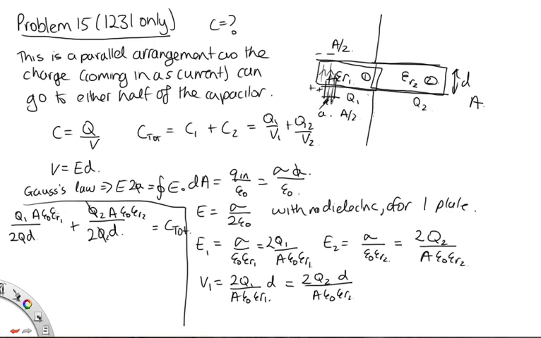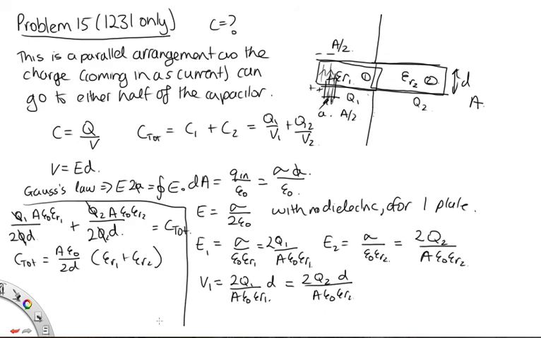Now the charges will cancel out, and so we end up with the total capacitance is equal to A epsilon naught over 2D outside of epsilon R1 plus epsilon R2, which is what we were asked to show. We're then asked to consider the limiting cases.